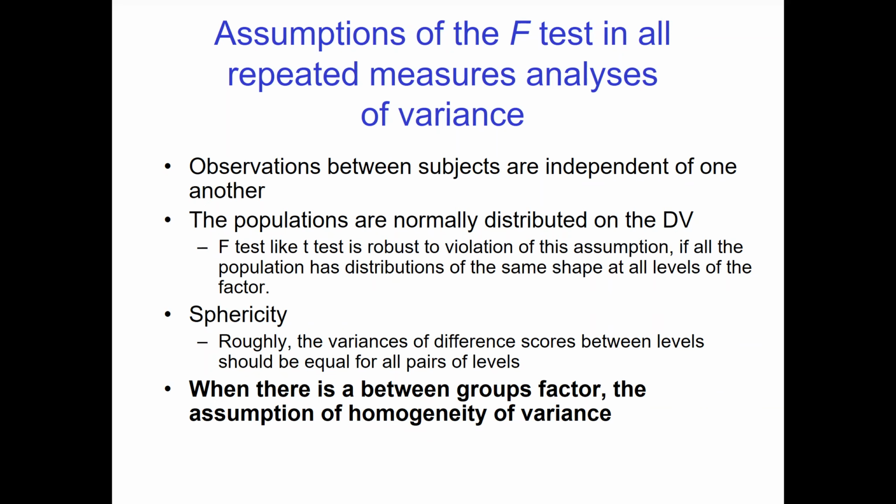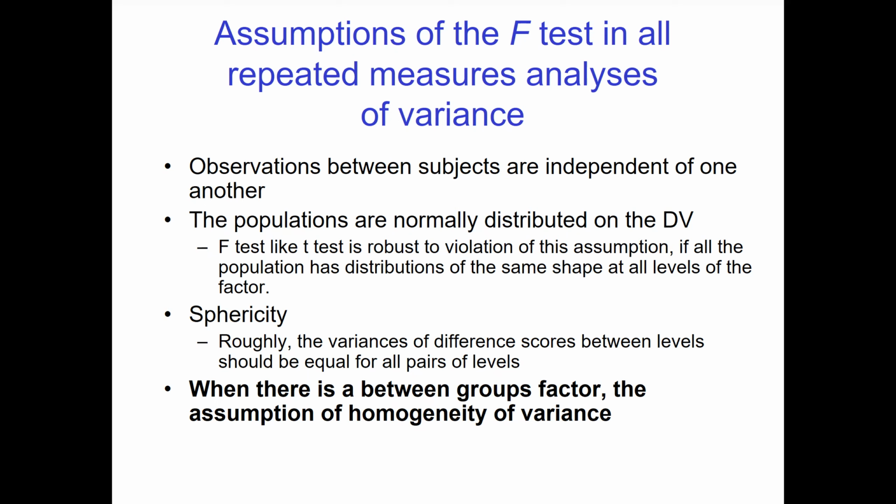Sphericity is that the variance of the variance, so this is not looking at the shape, but looking at the breadth of the variation, is similar at level 1, level 2, and level 3.